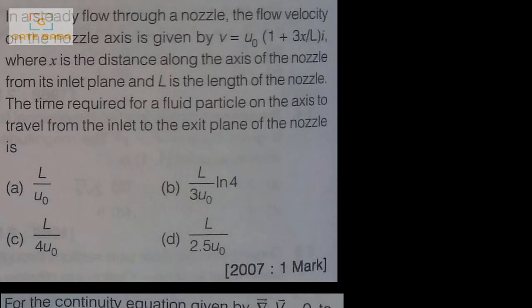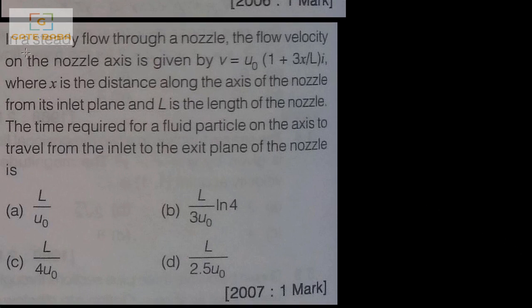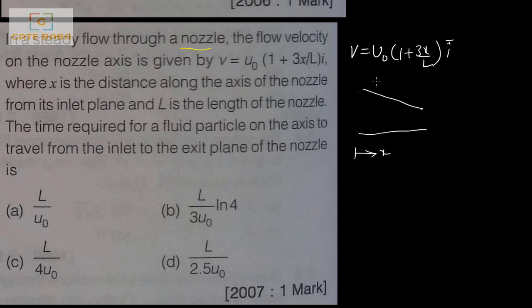It somewhat seems complicated, but it is very easy. In a steady flow through a nozzle, a one-dimensional case, the flow velocity on the nozzle axis is given as u naught of 1 plus 3x by L, where x is the distance along the axis of the nozzle from its inlet plane, and L is the length of the nozzle.